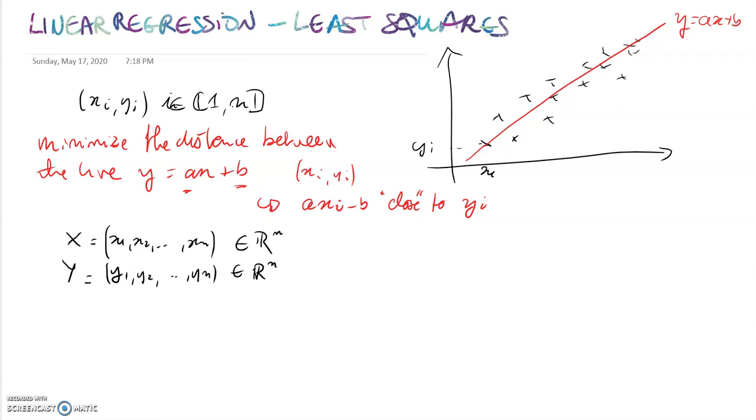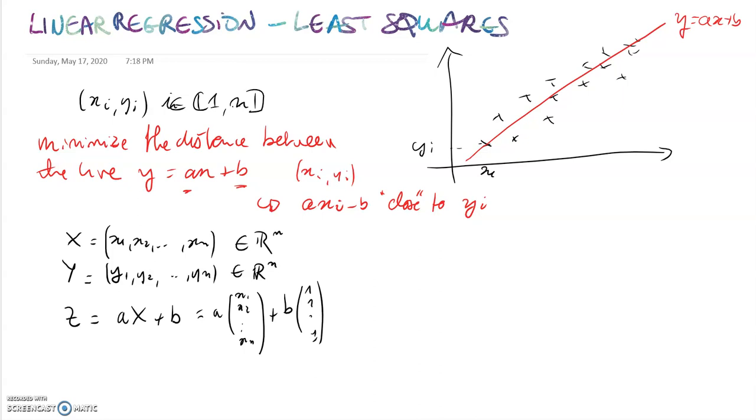All right, and we are making this line ax plus b. We are making the vector z, which is going to be a times the vector (x1, x2, ..., xn), plus b, which should be written as b times the vector (1, 1, ..., 1).